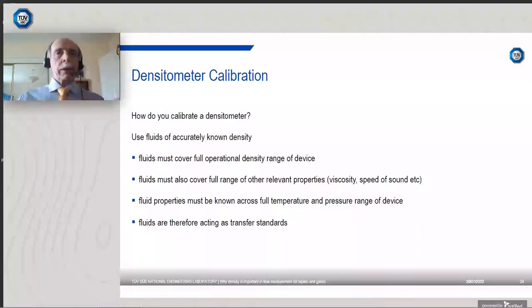Fine, how do you calibrate a densitometer? Well, easy. Again, in principle, use fluids of accurately known density. The fluids obviously have to cover the full operational density range of the device.